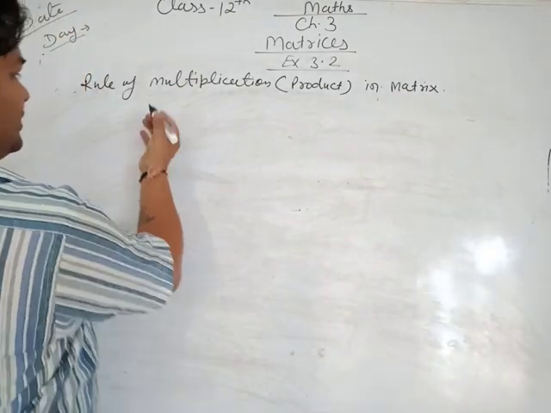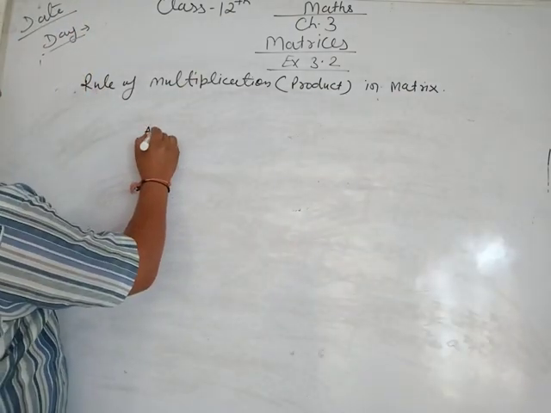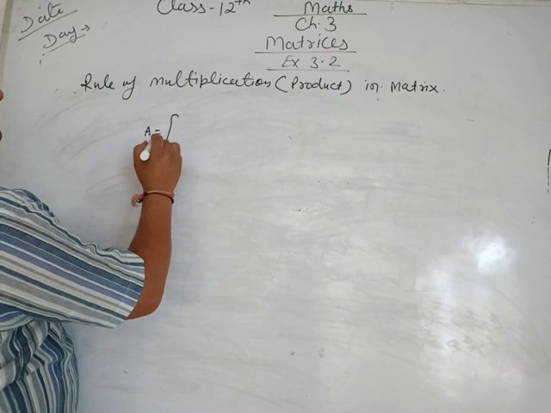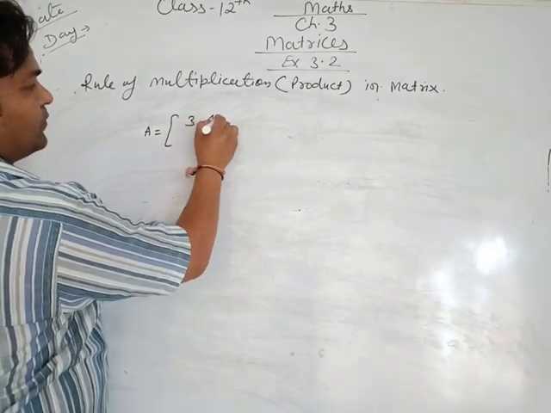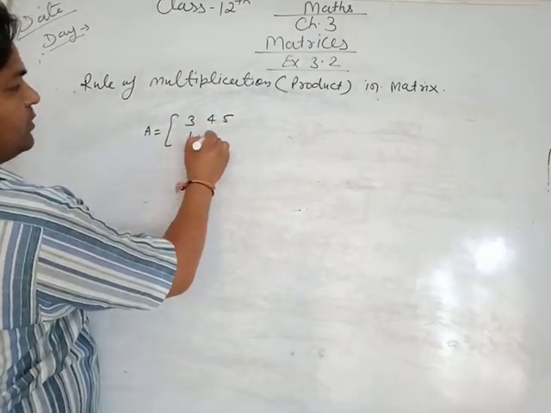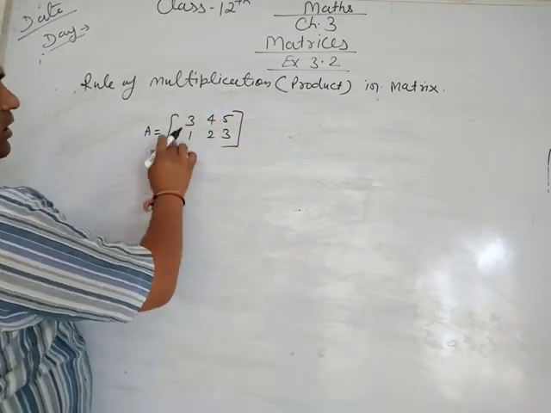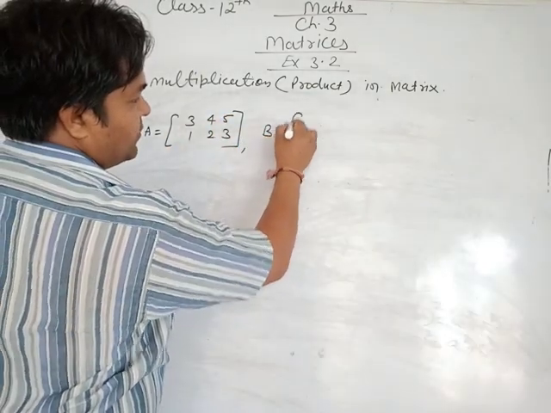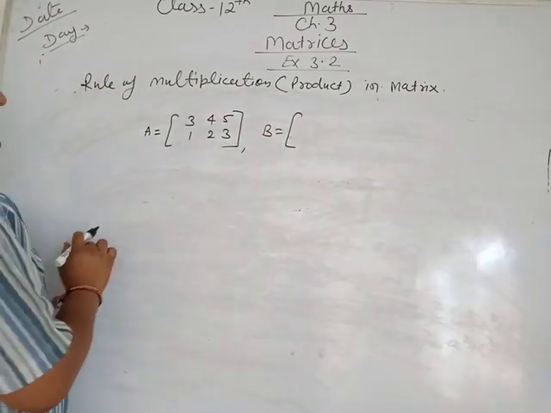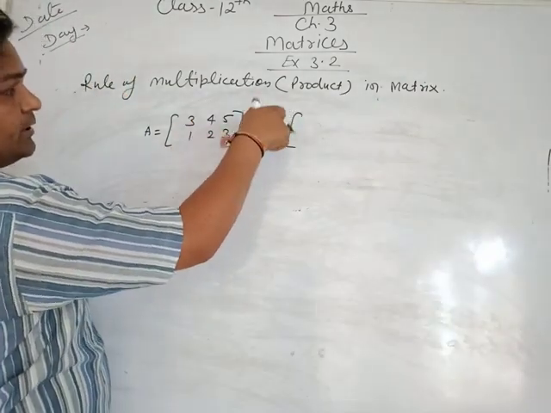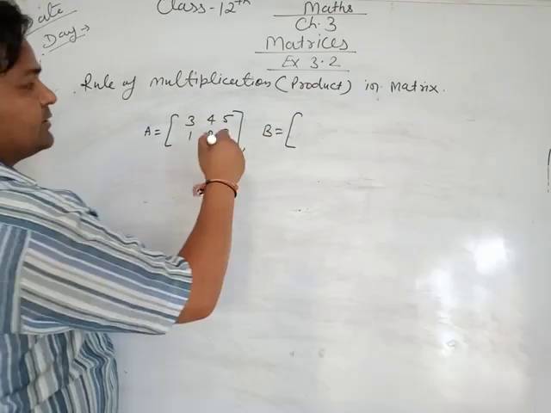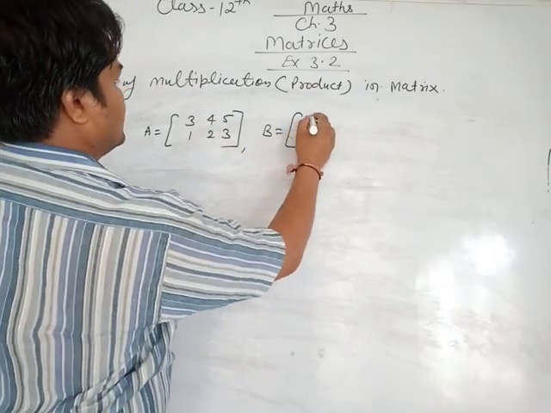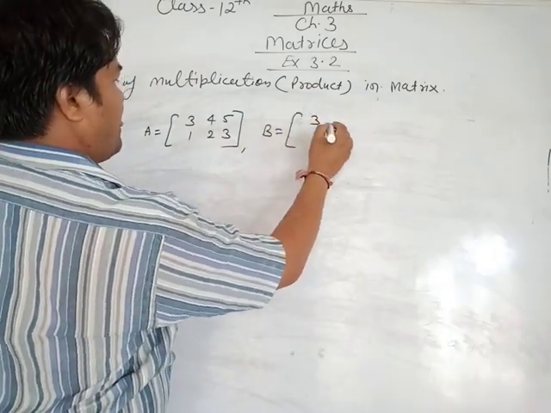It means if we are given a matrix 3, 4, 5, 1, 2, 3, how many columns are there? Then if we take the product of both matrices, there should be 3 rows in the second matrix.